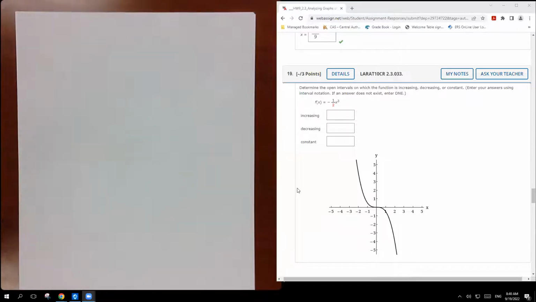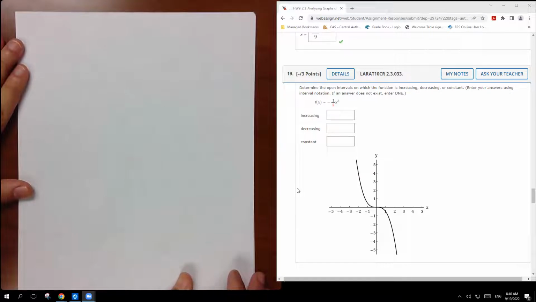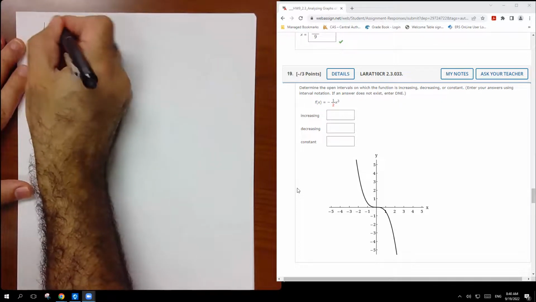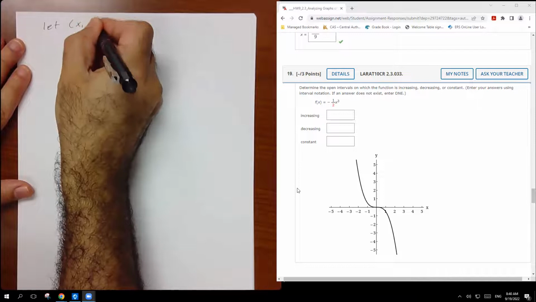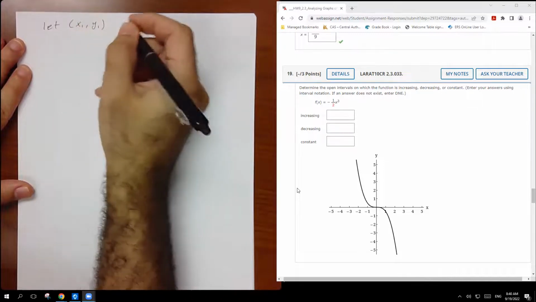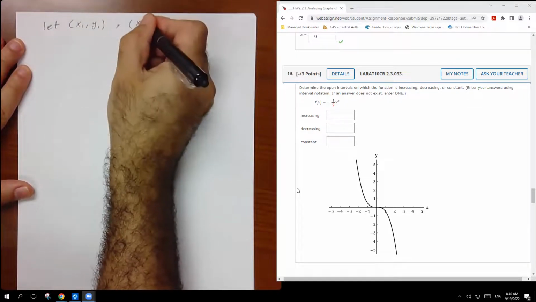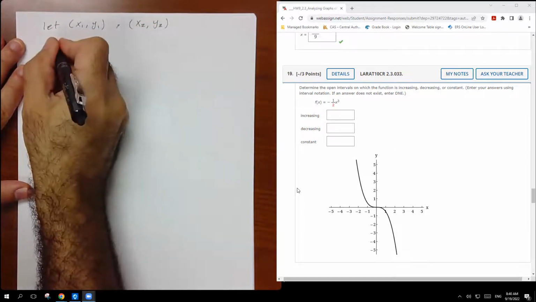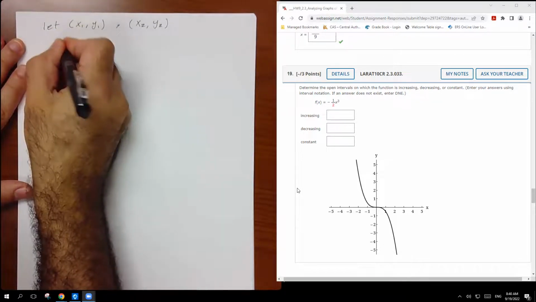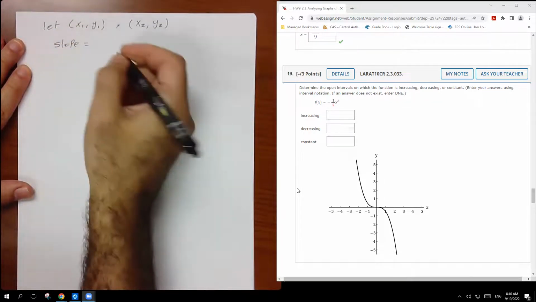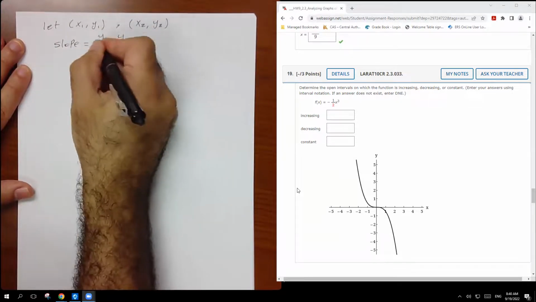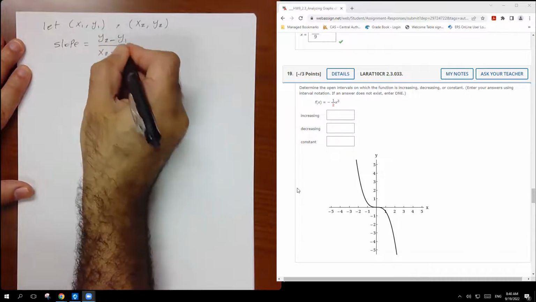The slope, because we're going to use the slope to find the increasing and decreasing. So the slope, if you have 2 points, x1, y1, and the second point is x2, y2, the slope is going to be equal to y2 minus y1 over x2 minus x1.